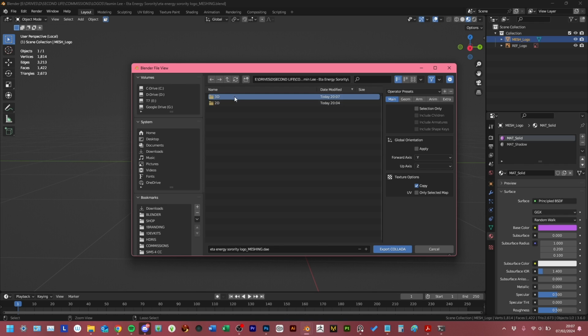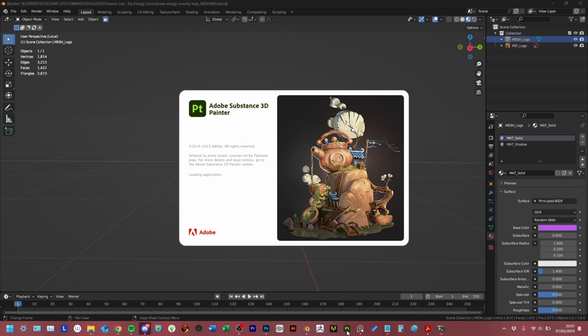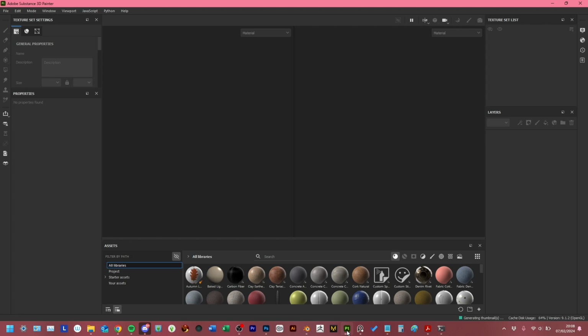I thought I'd try that, but I ended up not really liking that technique. It didn't work that well.